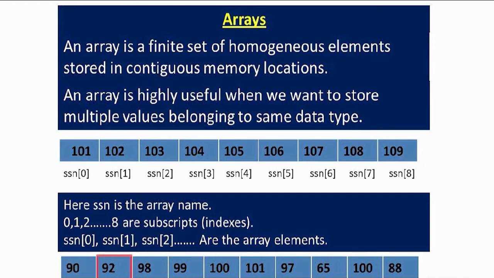SC[1] refers to the score of the second student. SC[2] refers to the score of the third student, and so on. In the last, SC[9], because the subscript starts from 0, refers to the 10th element of the array. That means it is storing the score of the 10th student.